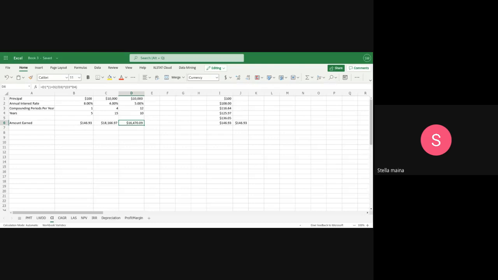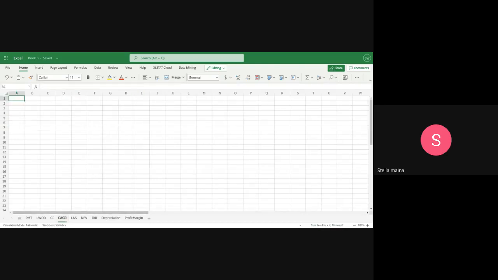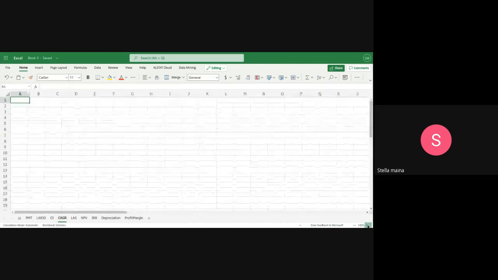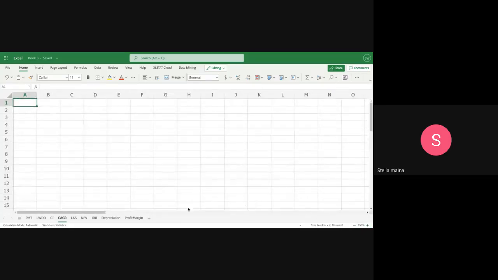So that is that. We are now going to look at something we call compound annual growth rate, CAGR. I'm just going to go to a new sheet, increase the width and zoom in.